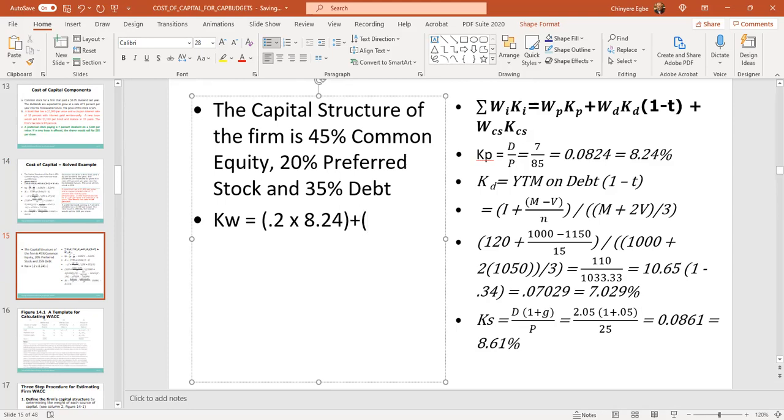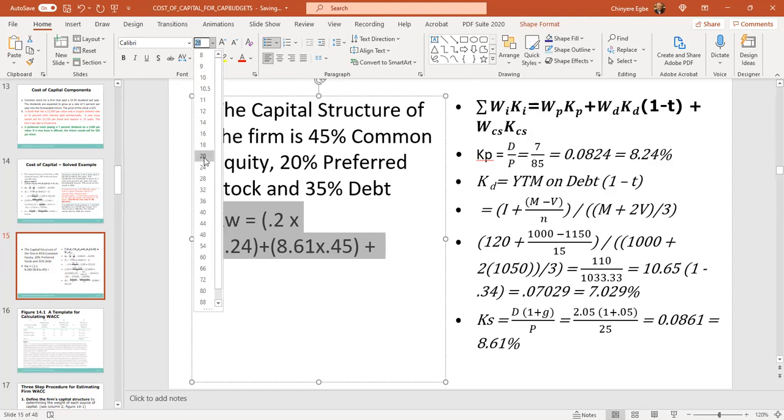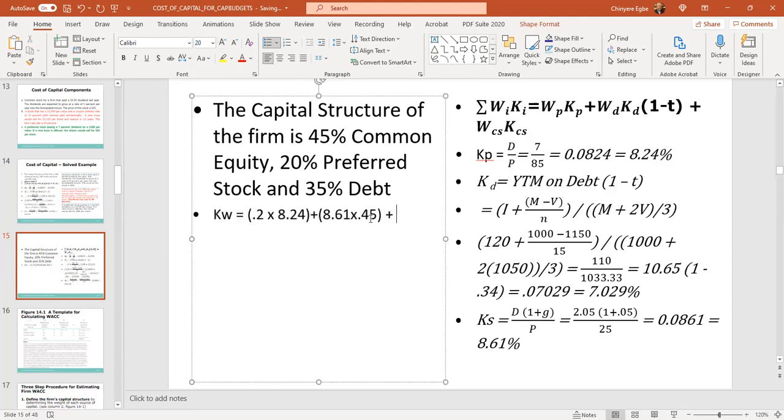plus the cost of common stock is 8.61%, 8.61 times the weight of common stock, which is 0.45, plus the cost of debt is 7.